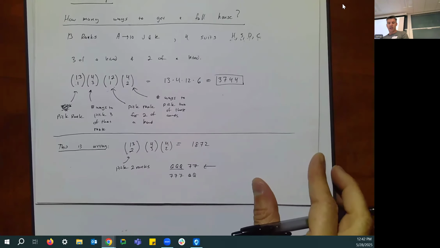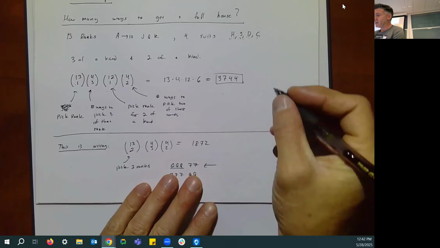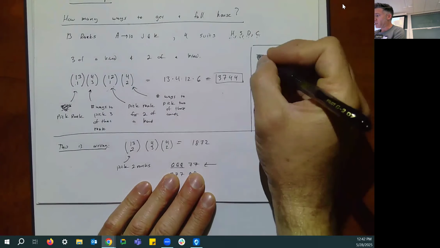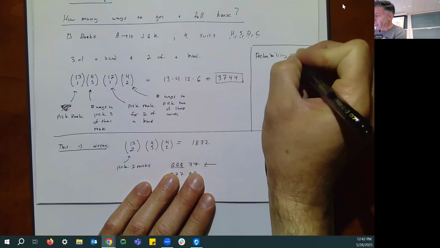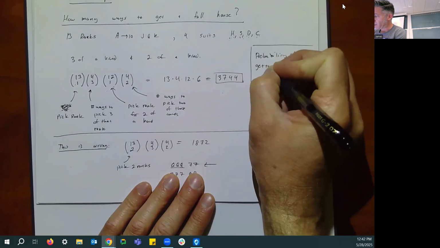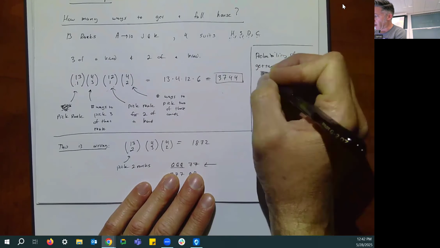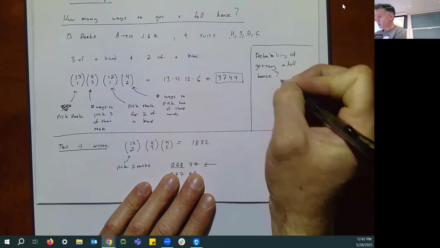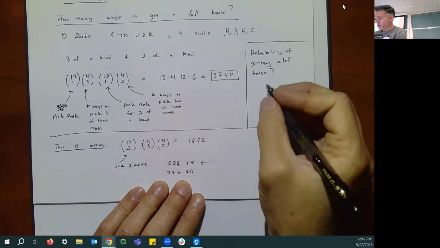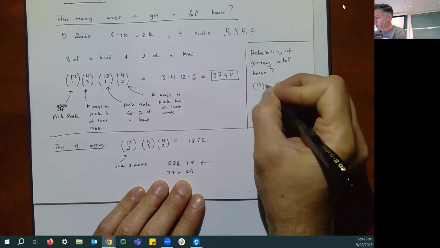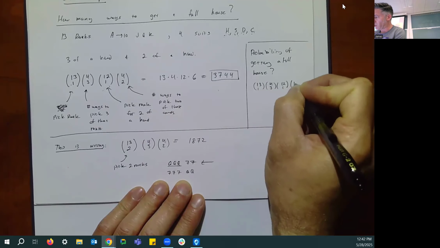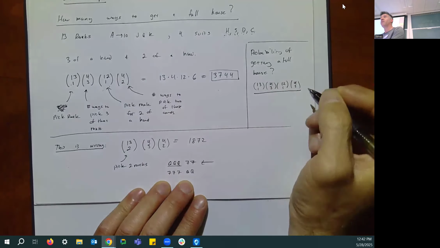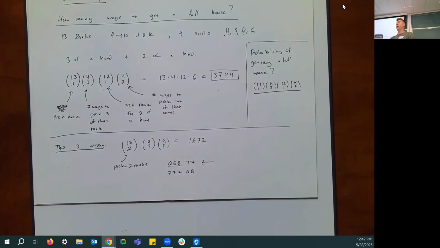Now, just to give you a preview of where we're going with this, if I instead ask the question, what's the probability of getting a full house in a hand of 5 cards? It would be this number here, 13 choose 1, times 4 choose 3, times 12 choose 1, times 4 choose 2, divided by the number of ways you can get any 5-card hand.